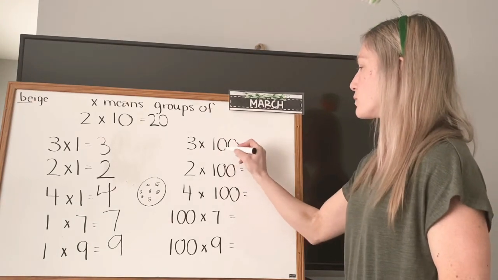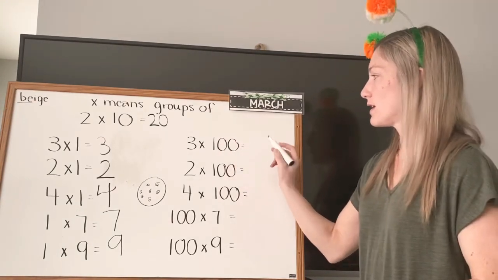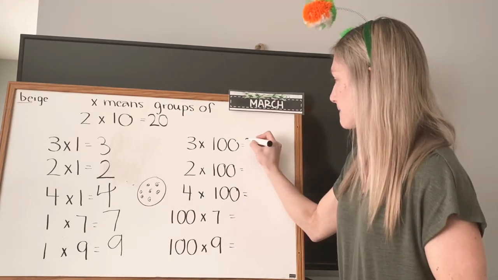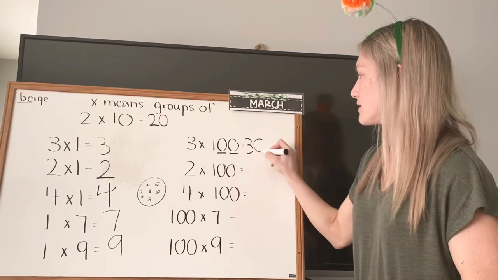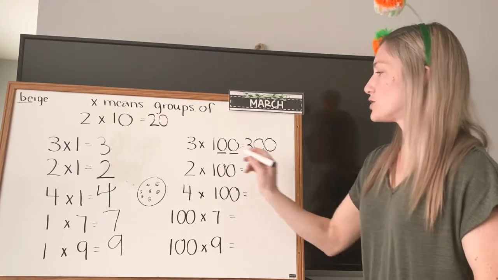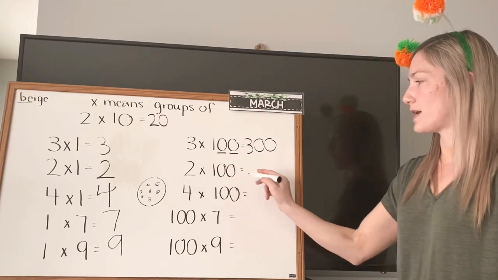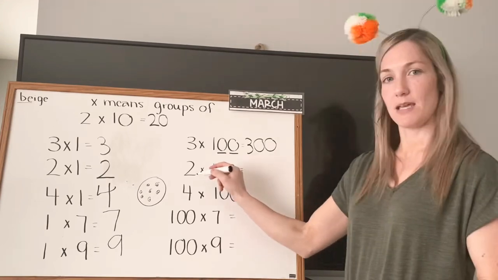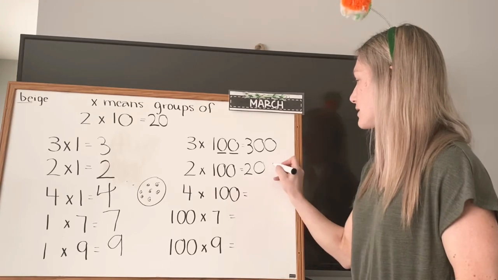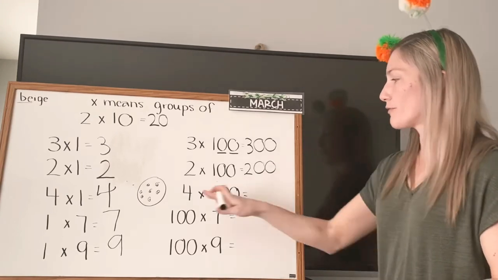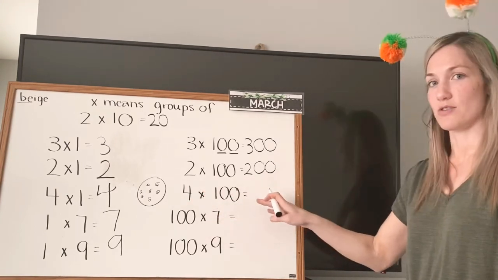3 times 100. I'm going to take my 3, and then I'm going to add my 2 zeros. 0, 0. 2 times 100. I'm going to take my number 2, and then I'm going to add 2 zeros. 4 times 100.